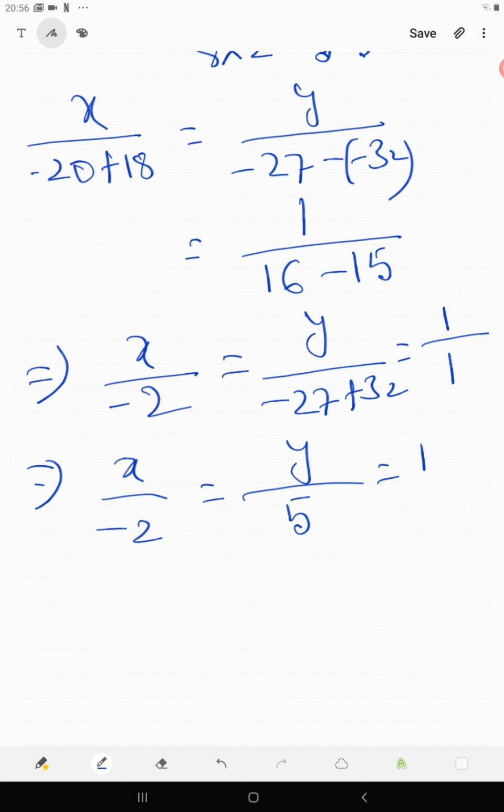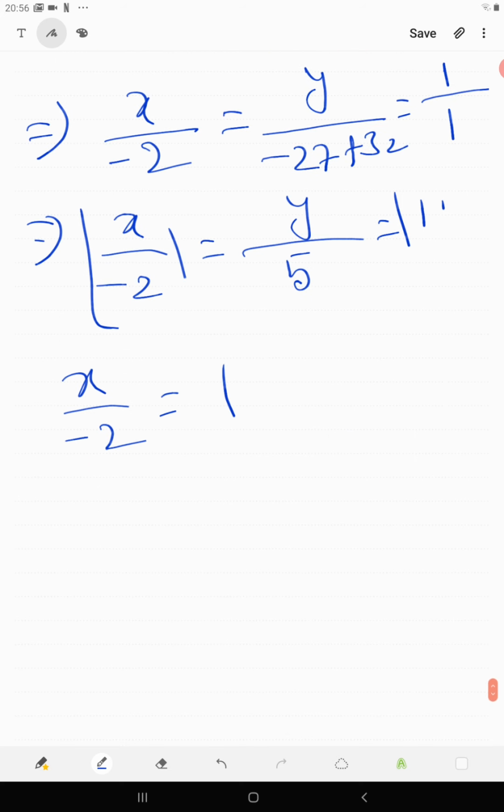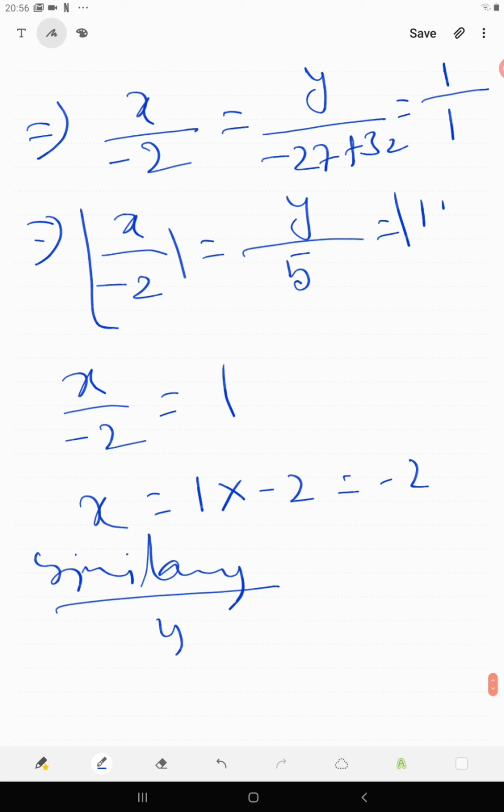So to solve x, we will take this one and this one. So this summarizes x by minus 2 equals 1. Okay. So minus 2 will go to the right and will be multiplied, so it will be minus 2. Now similarly y by 5 equals 1.